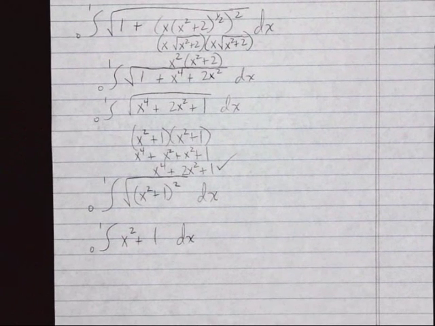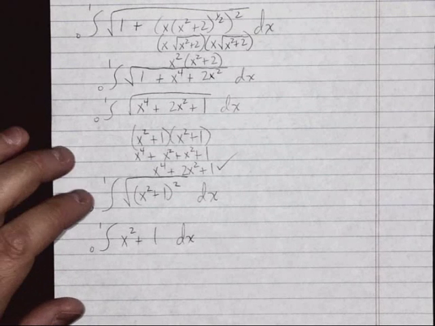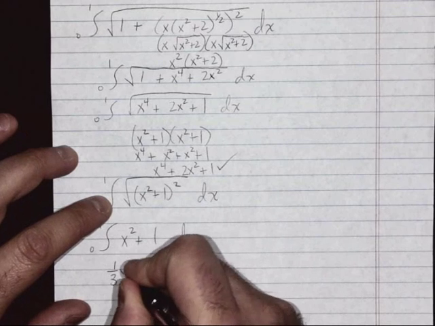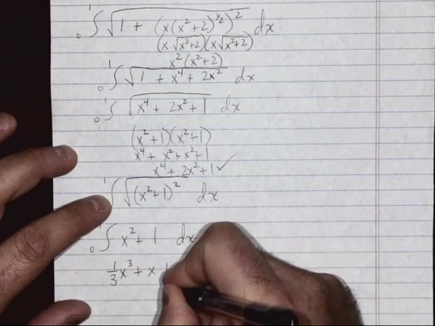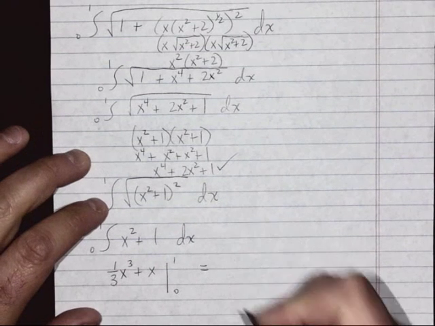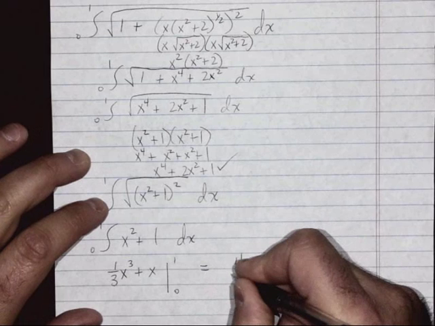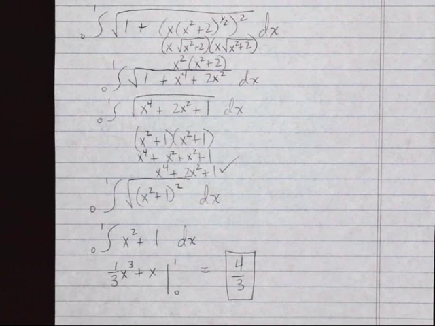And then of course this is way easier for me to integrate because now I can just use the power rule. Alright, so using the power rule, I get 1/3 x to the 3rd plus x going from 0 to 1, and that's going to give me 4/3. Okay, so then that would be the distance.